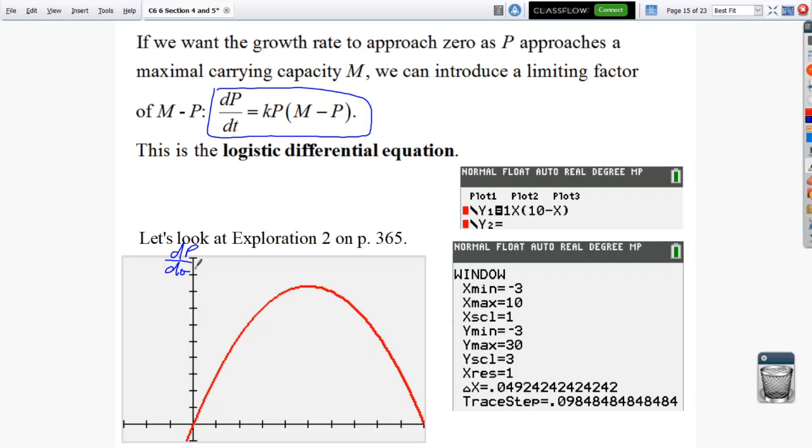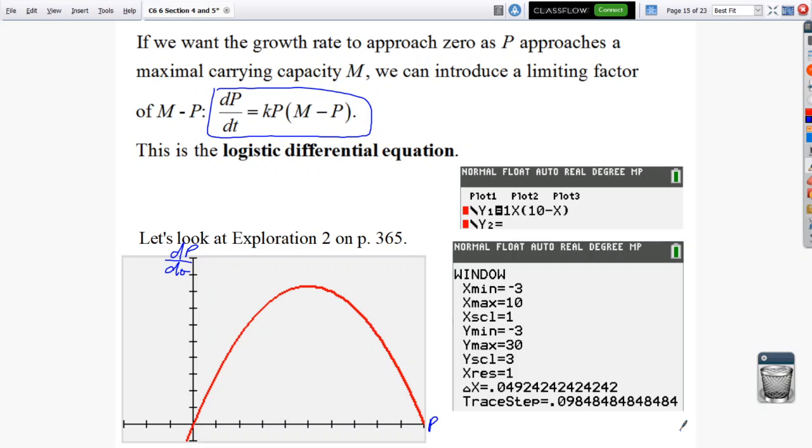Whereas our independent variable here is our population size. I made up a growth rate and a maximal carrying capacity just to show you what this function looks like. And when we graph it, again, this right over here would be our population. So this is a graph of population versus the rate of population growth.